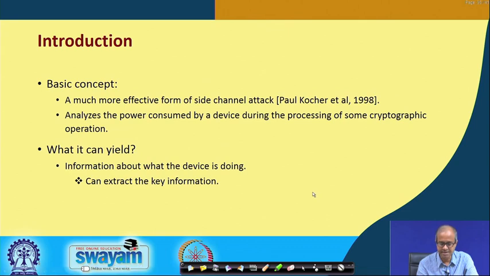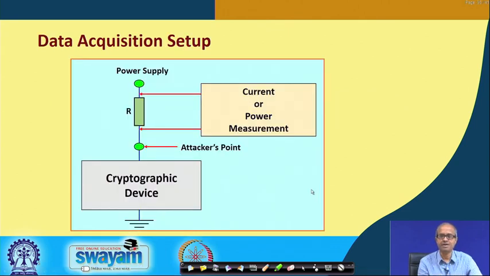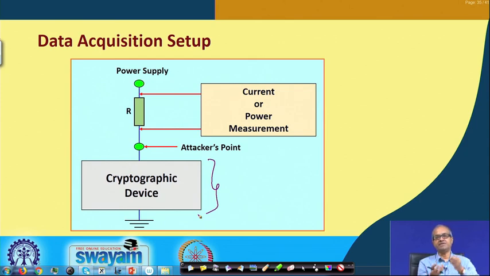Let us see this in a little more detail. The attack setup will look something like this. Here is our device. Okay. This can be any kind of device. This can be a smart card reader, this can be an FPGA board, this can be a box which is computing something, anything. But from outside some power supply connection must be there, right, either from the mains or from battery.